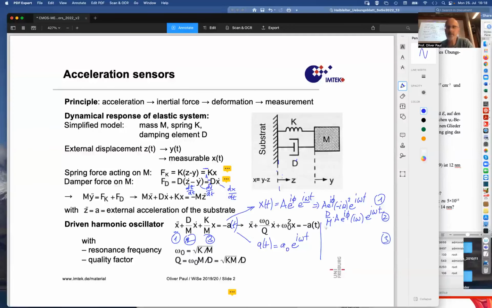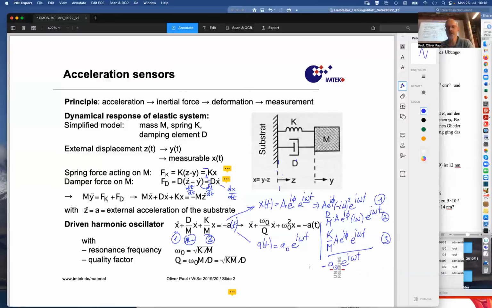This k over m stays here, k over m times a e to the i phi, and then nothing, and e to the i omega t. And these three summed together must be equal to a0 with a minus times e to the i omega t.